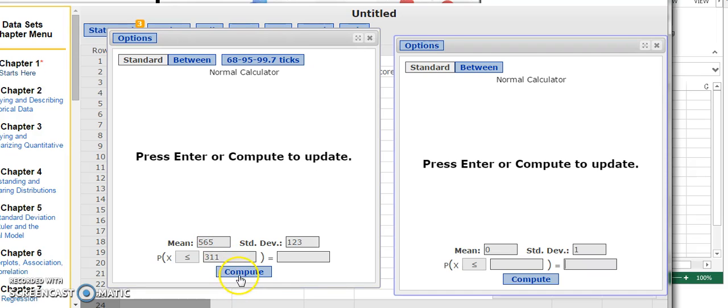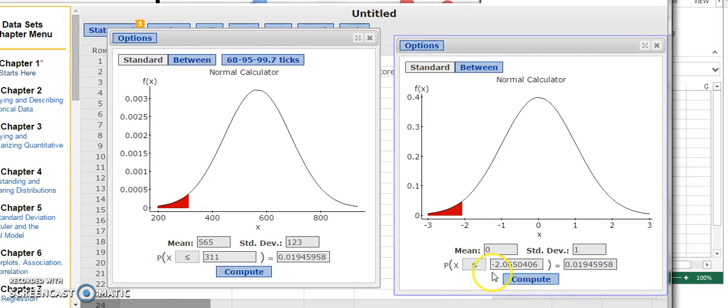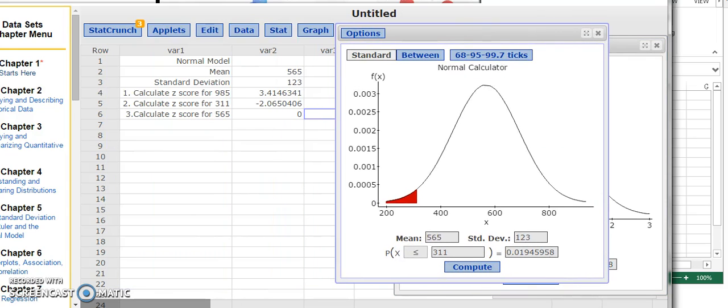So we compute. We got the probability right here, and we can copy this and put it here. So we got negative 2.065. We have the same result.